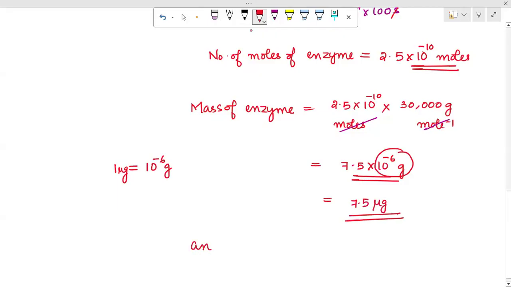So the final answer that you have to enter is 7.5. In the question, they had asked us to round it off to just 1 decimal point, and we have got it. 7.5 is the right answer. In the answer key also, they had given 7.5. Okay? All right. Thank you.